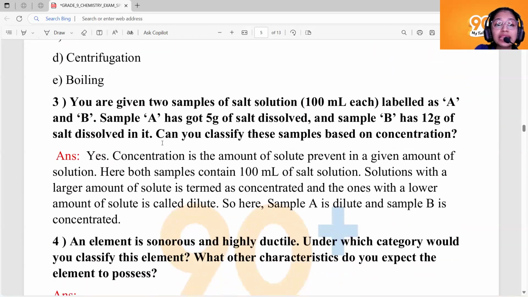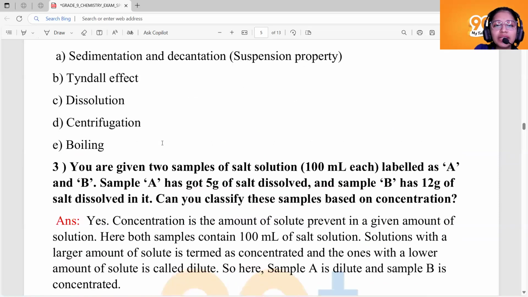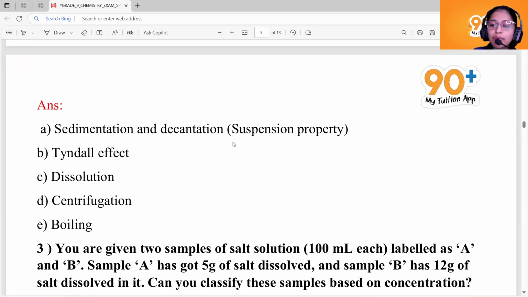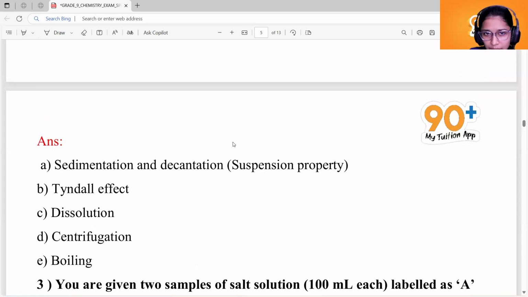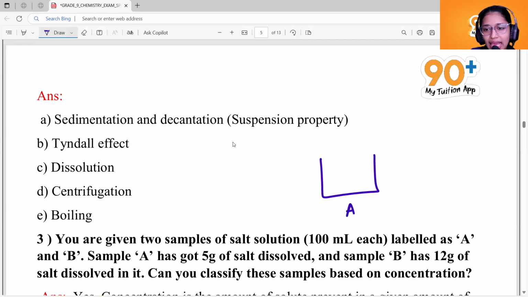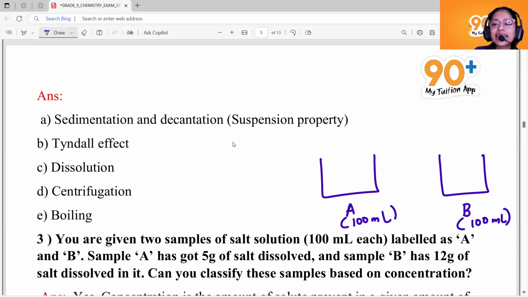Now, third question. You are given two samples of salt solution, 100 milliliter each, labeled as A and B. Sample A has 5 grams of salt dissolved in it, whereas sample B has 12 grams of salt dissolved in it.